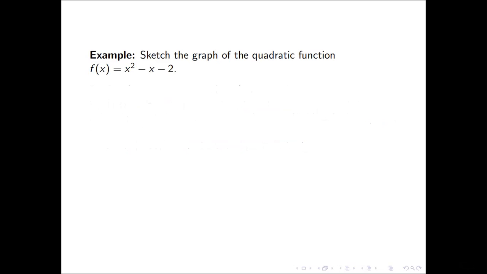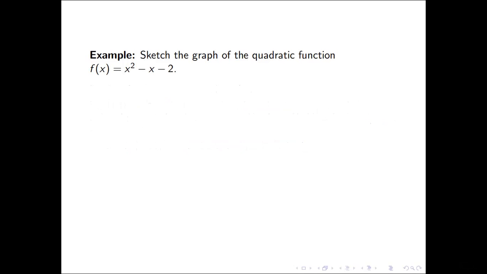Now, I've taught how to sketch parabolas in the previous module, but for this one, we don't need any of those. All you need to draw a parabola is the vertex and, of course, also the x-intercepts.